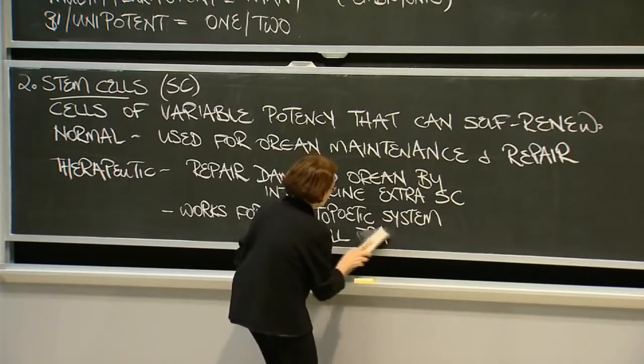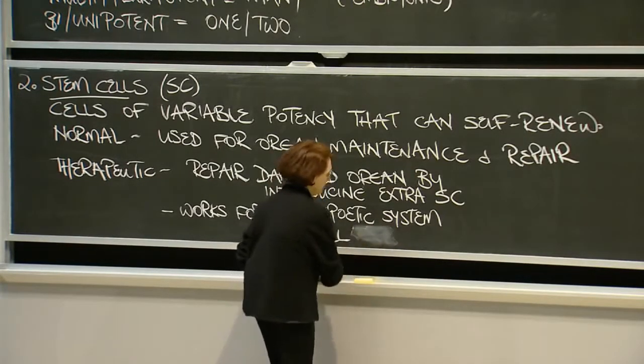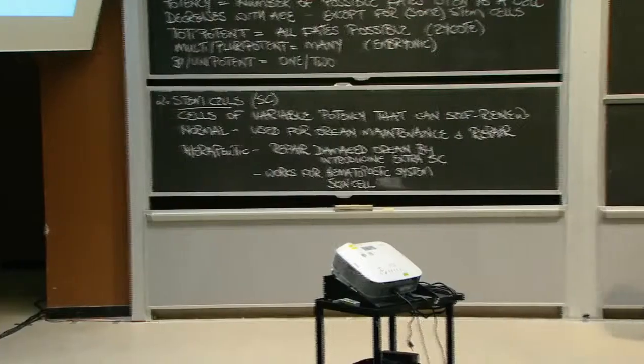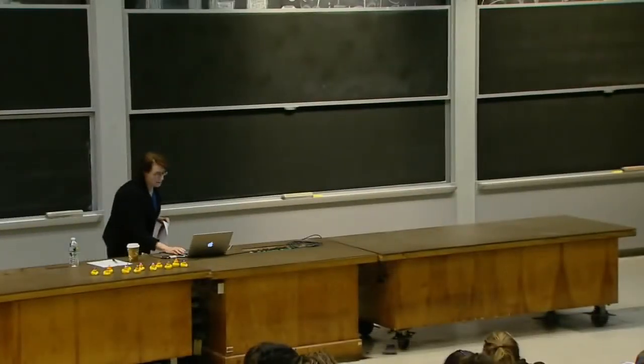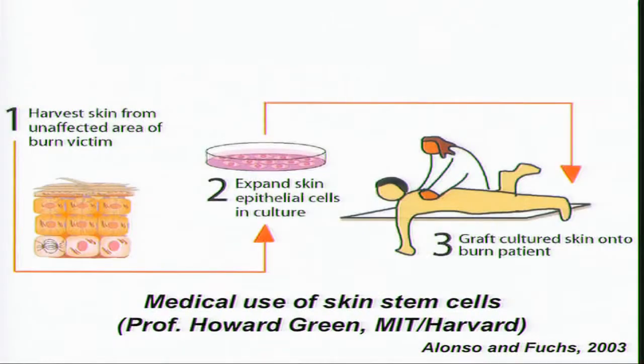Let's just put skin cells. Okay. Skin stem cells can be grown from your own skin. And in the case of burn victims, this has really saved countless lives.